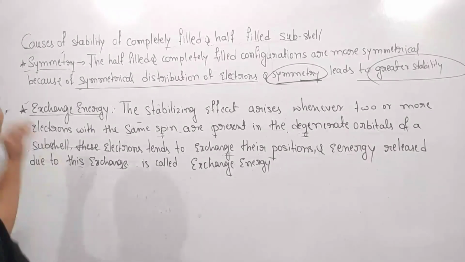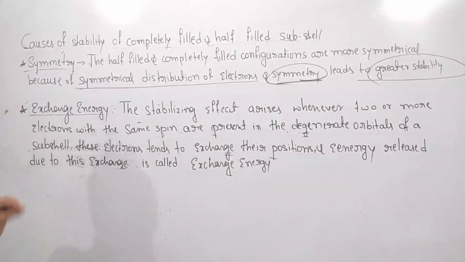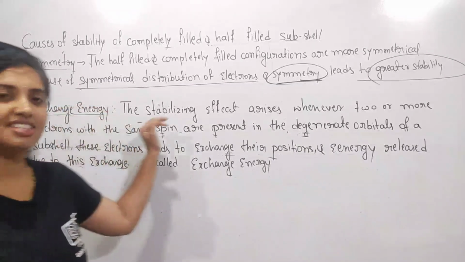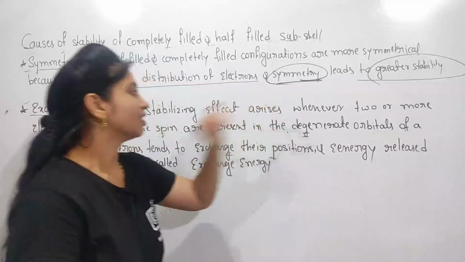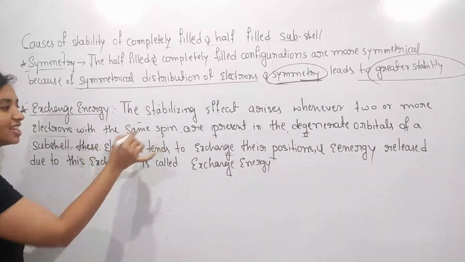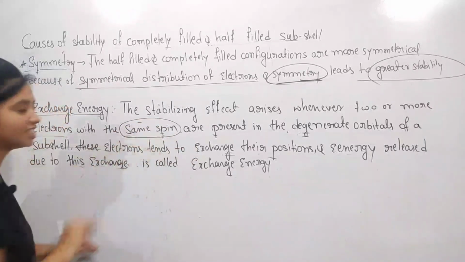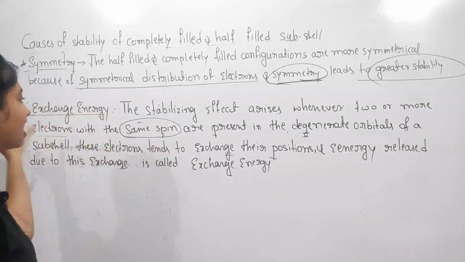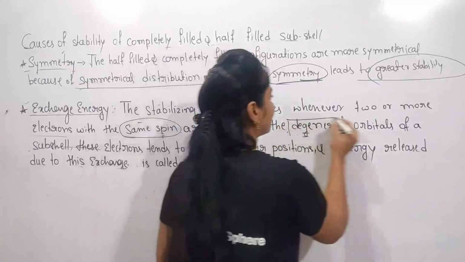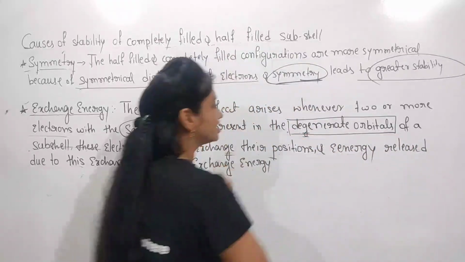The next point is exchange energy. So what do we mean by exchange energy? Let me explain. The stabilizing effect arises whenever two or more electrons with the same spin are present in degenerate orbitals. What do we mean by degenerate orbitals?